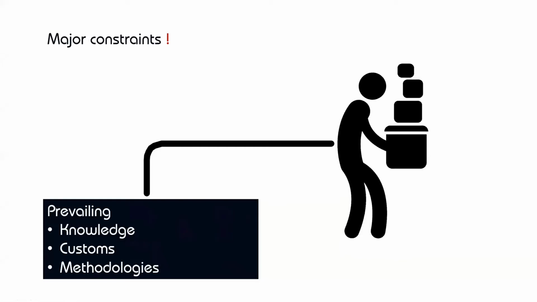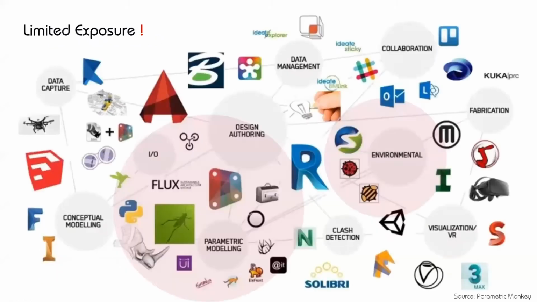Also, the major constraint, as I talked about, is in the architectural practice and the systems that we are accustomed to, the prevailing knowledge, the customs, the methodologies, and secondly, the limited exposure to sophisticated tools.